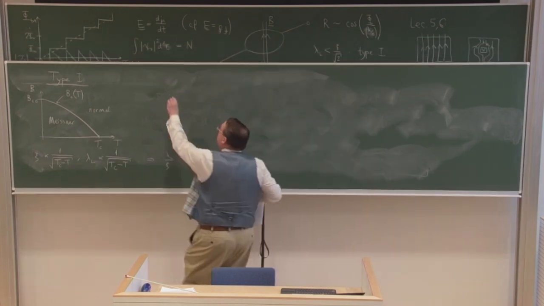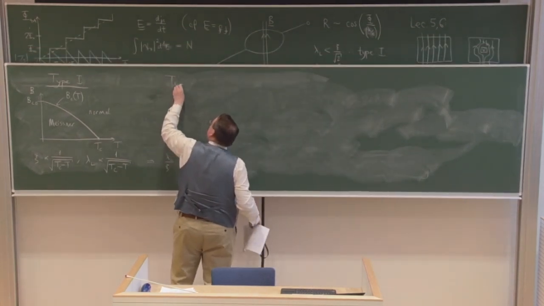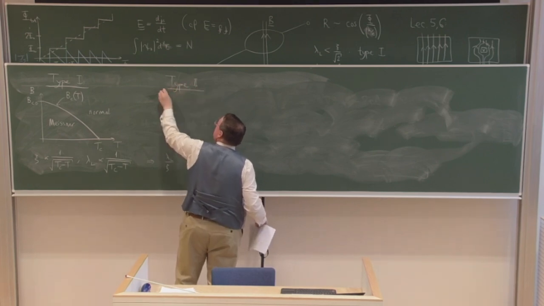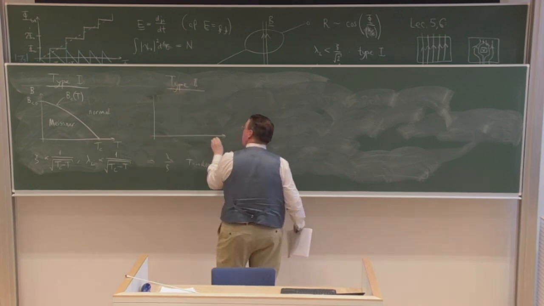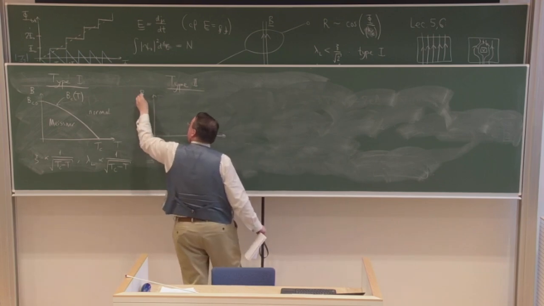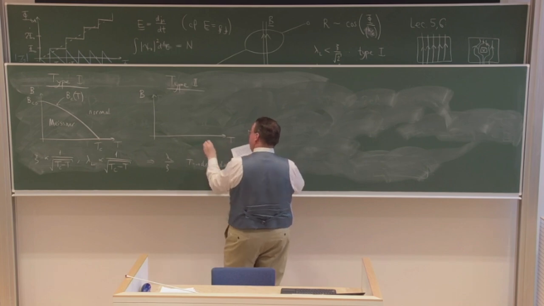Okay, so then type 2, which we've already sort of verbally alluded to, but it's worth drawing it, if only for the tape. Looks like this, so there's still a thermodynamic critical temperature.